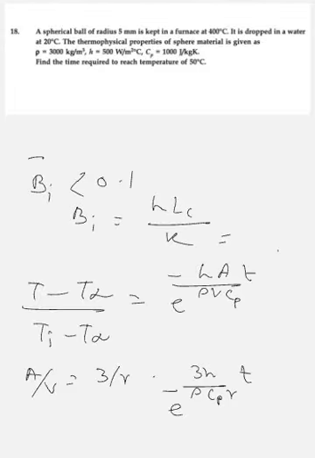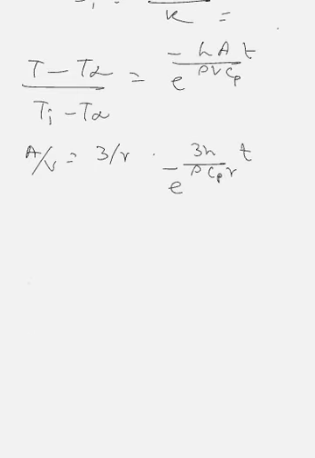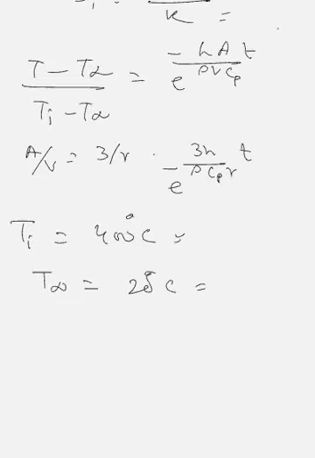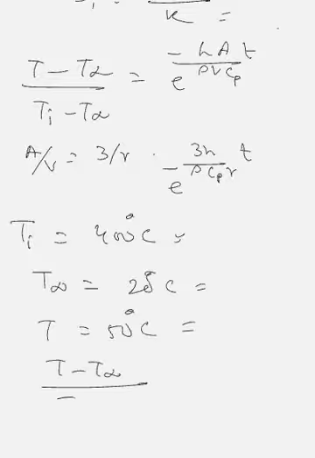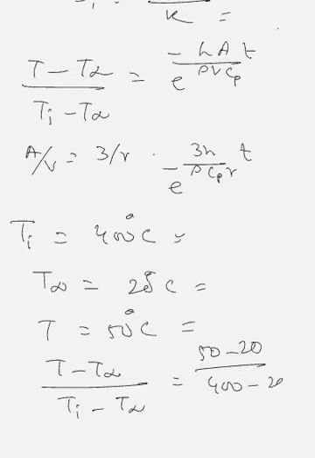So the initial temperature Ti was 400 degrees Celsius. Now surrounding water temperature T infinity is equal to 20 degrees Celsius. The final temperature T is 50 degrees Celsius. Now plug into the formula. So (T minus T infinity) by (Ti minus T infinity) is equal to (50 minus 20) by (400 minus 20).